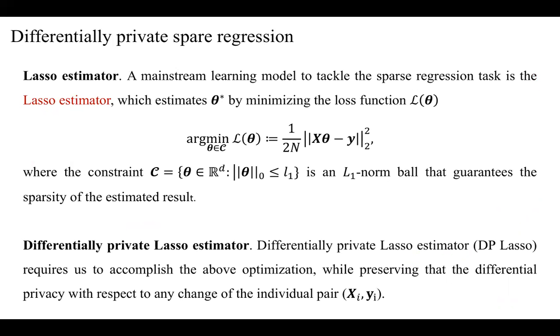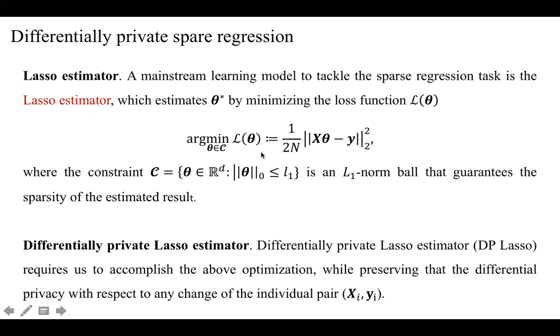A mainstream learning model to tackle the sparse regression learning task is the lasso estimator, where the target parameter theta star is estimated by minimizing the following loss function. This function measures the L2 norm of X times theta minus y.